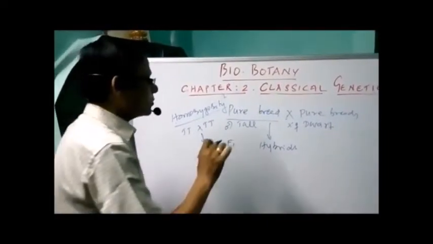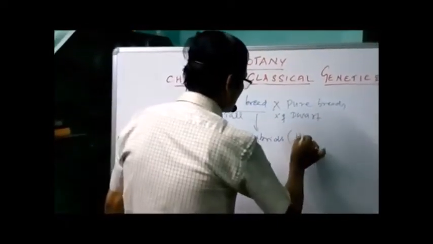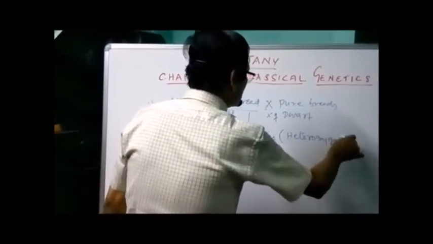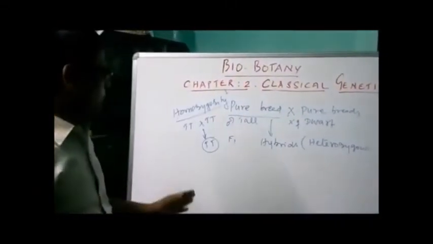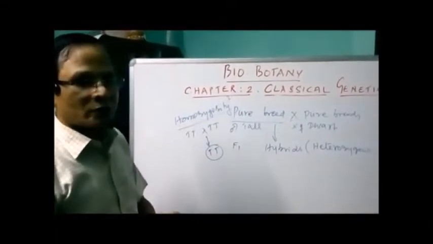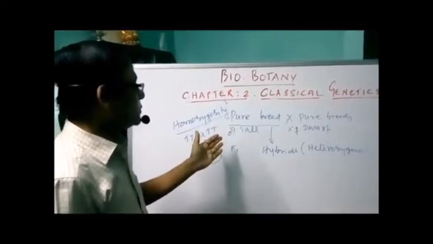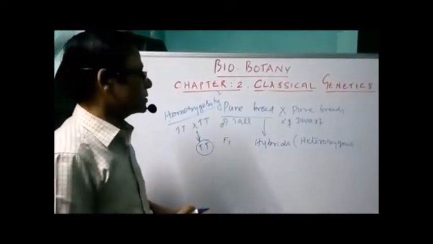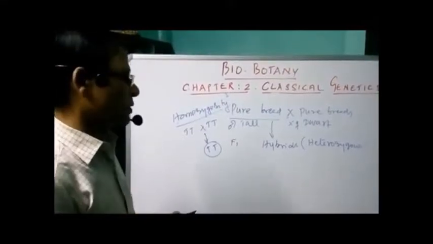The hybrids are always heterozygous. We'll talk about that later in detail. So a cross between pure breeds of the same type always results in homozygosity. A cross between two different pure breeds always results in hybrids, or heterozygosity.